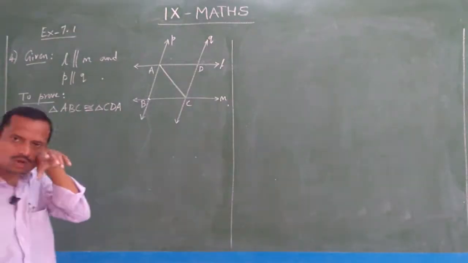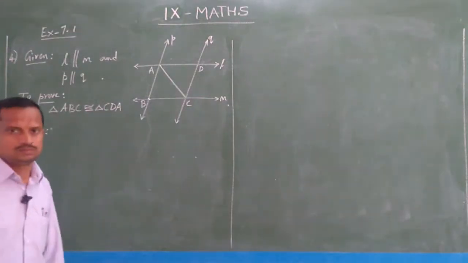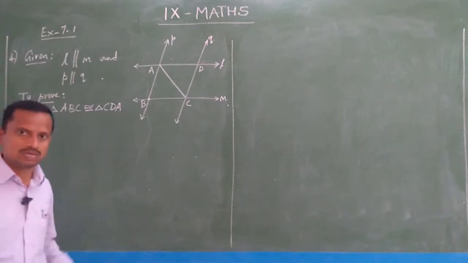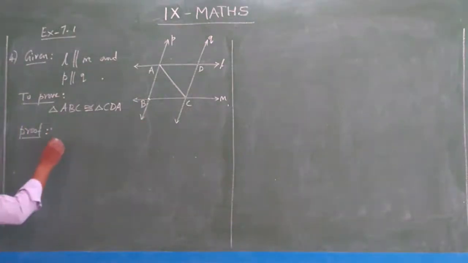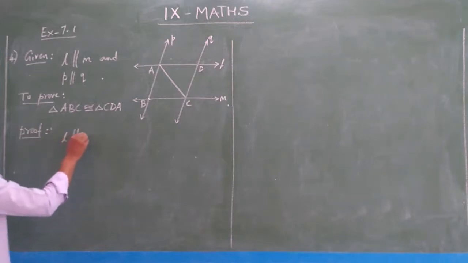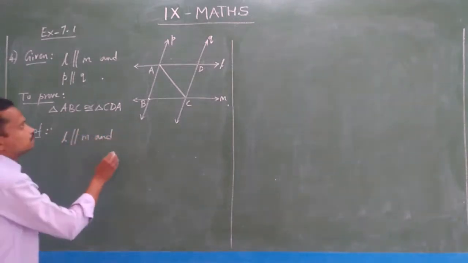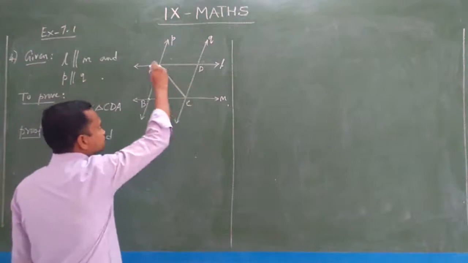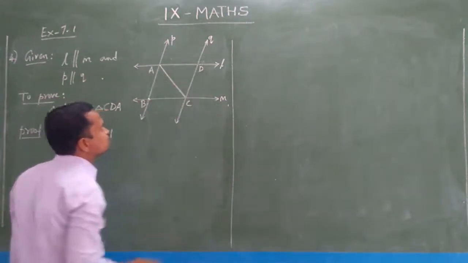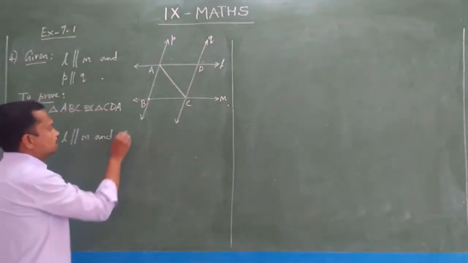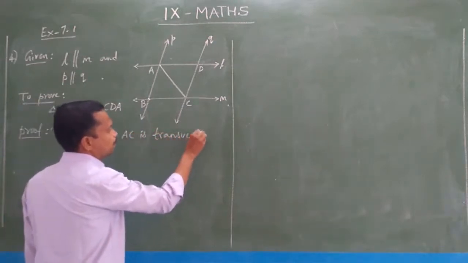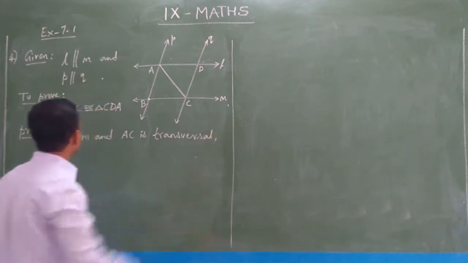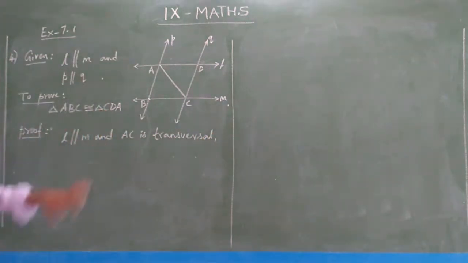And here comes the concept of lines and angles, the alternate pair of angles, you know, everything. So we are going to collect that from this diagram. L is parallel to M, and you consider AC as the transversal for these L and M. L parallel to M and AC is transversal.